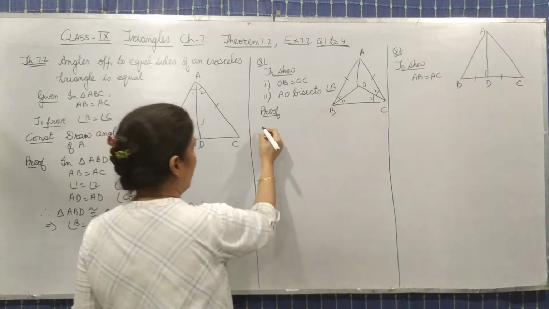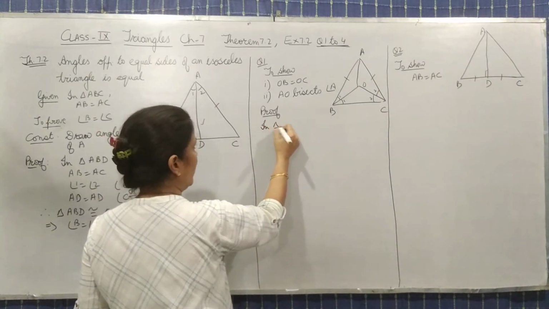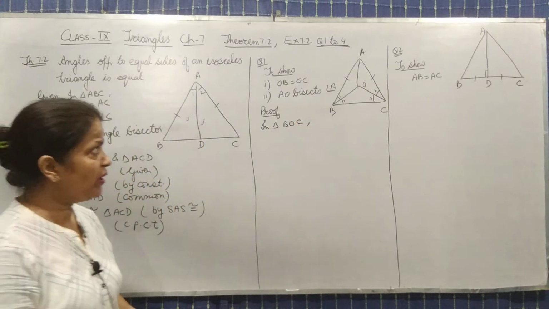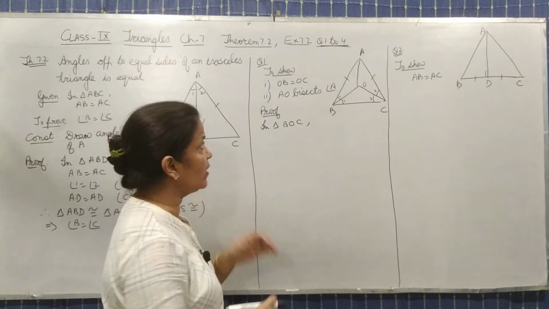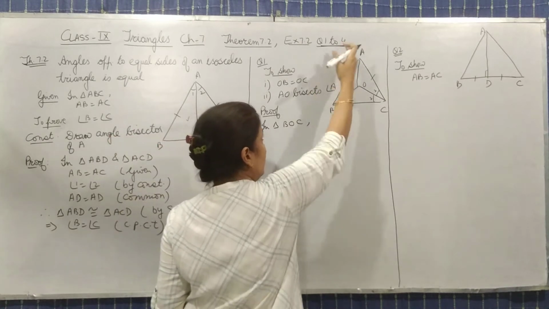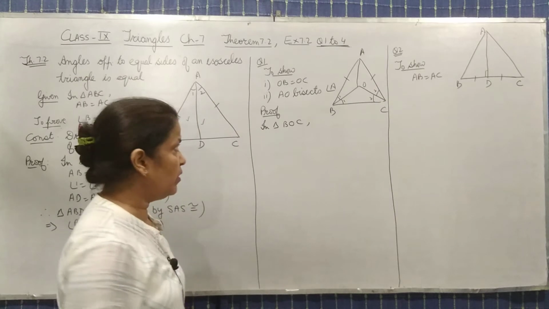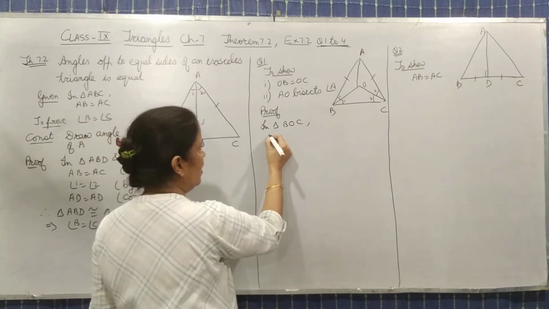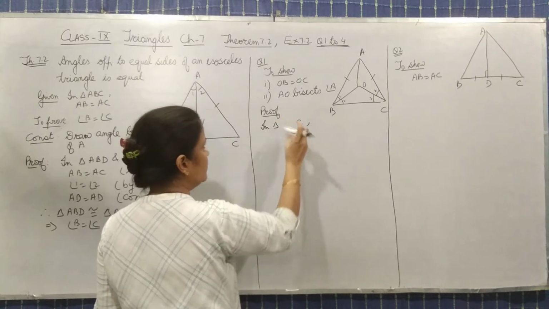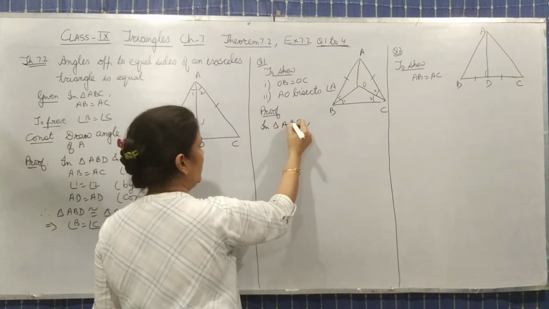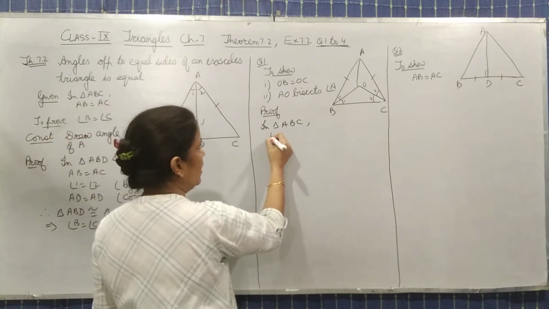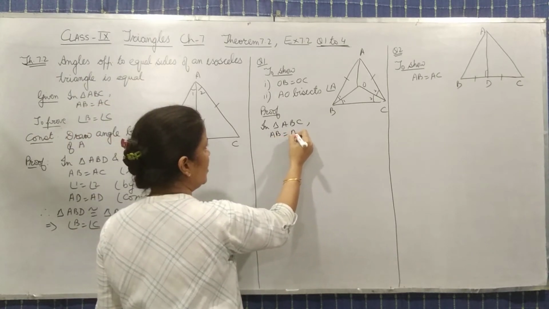So in triangle BOC, what result will you get? How will you get it? Look, since AB equals AC, first we will take triangle ABC. In triangle ABC, AB equals AC, this is given.